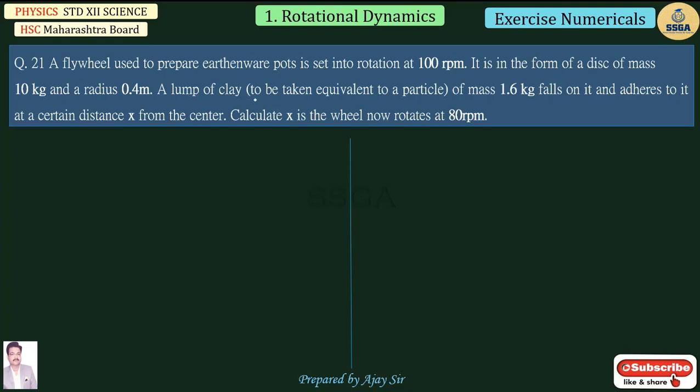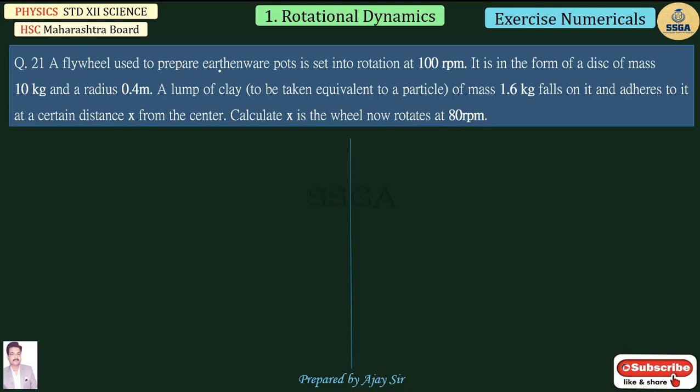A lump of clay of mass 1.6 kg falls on it and adheres to it at a certain distance x from the center. Calculate x if the wheel now rotates at 80 revolutions per minute. So this is the question.